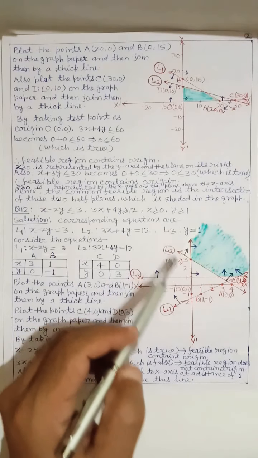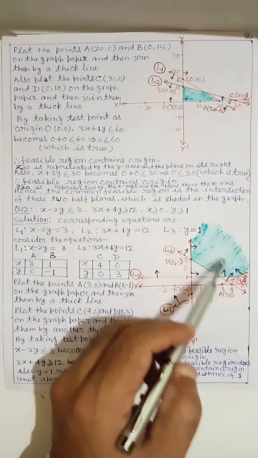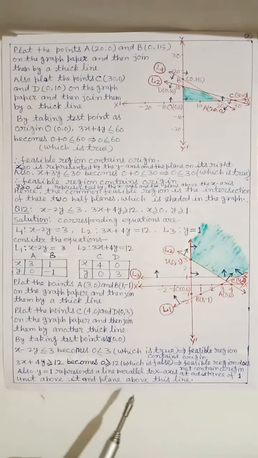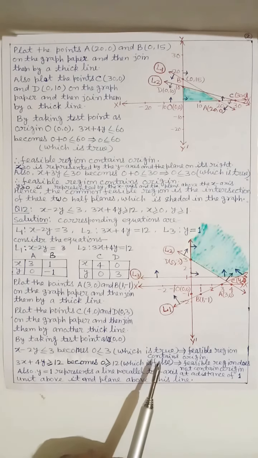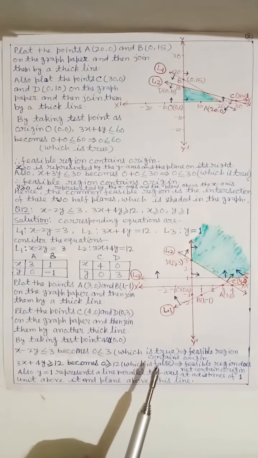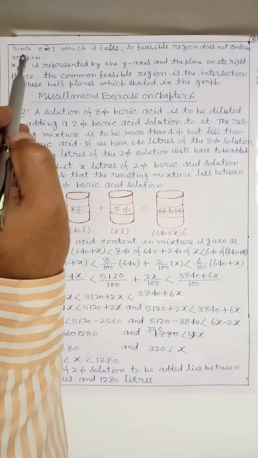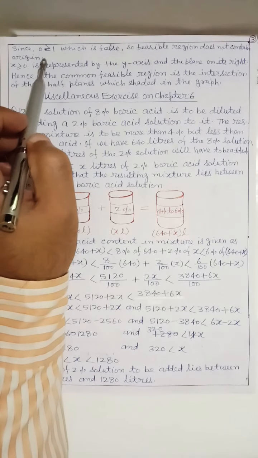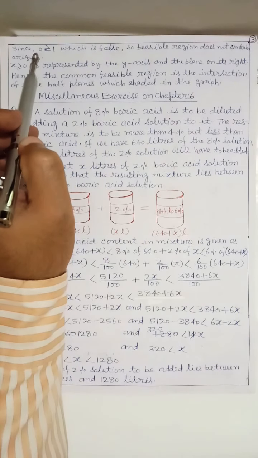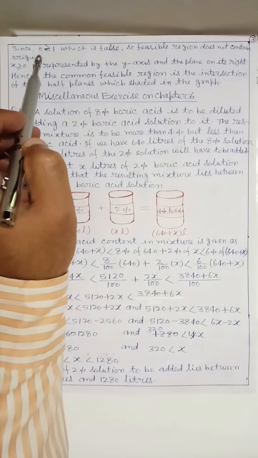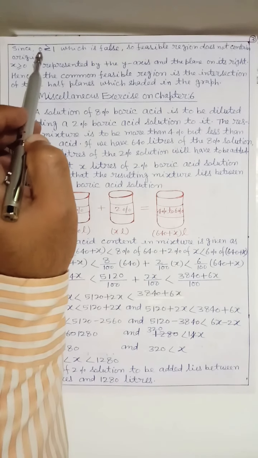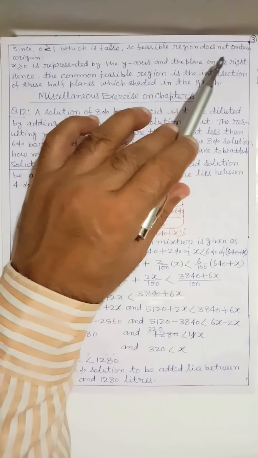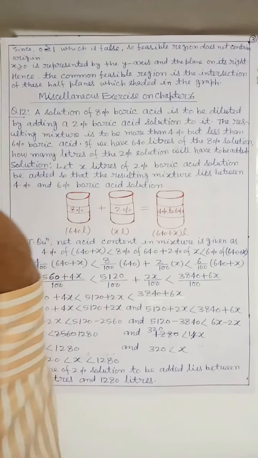Here this portion is the feasible region, you can say. For y greater than or equal to 1, testing for it, we get 0 greater than or equal to 1, which is false. So the feasible region does not contain the origin.